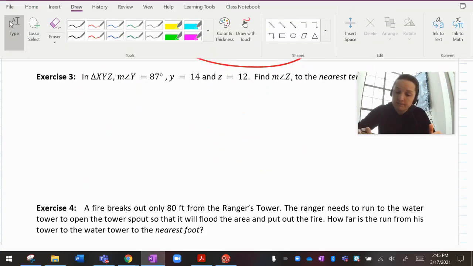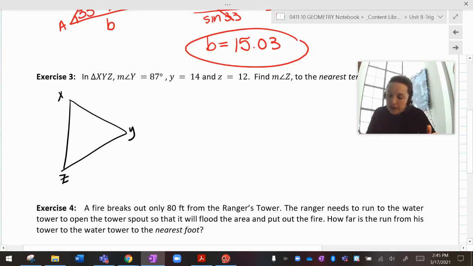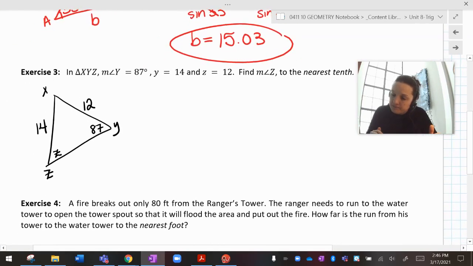Let's do it again. In triangle XYZ, okay, X, Y, Z. Angle Y is 87. Side y is 14. Side z is 12. Find the measure of angle Z. Instead of calling that X, I should probably call it Z. Find the measure of angle Z to the nearest tenth.